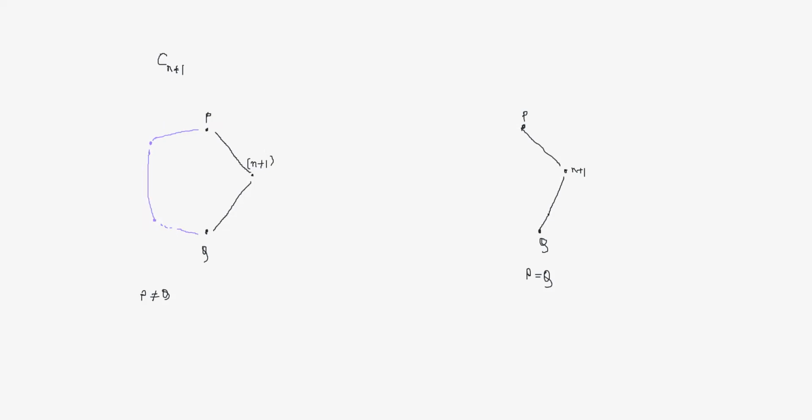So let's define a type n cycle. Let's define P_n to be the number of ways to color the nth cycle. This is a recurrence relation.